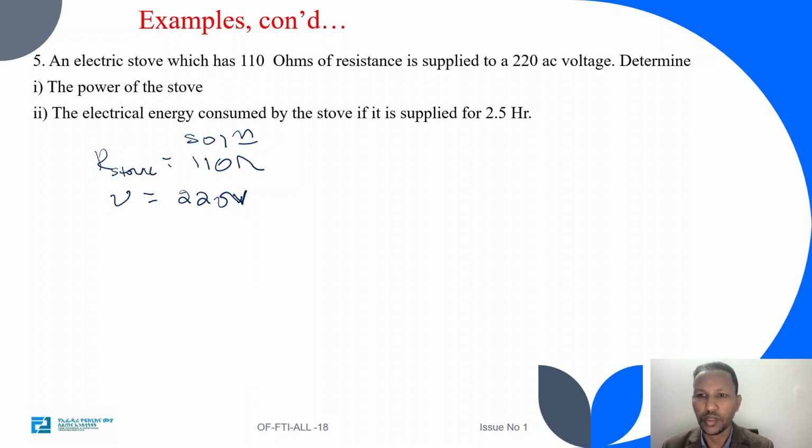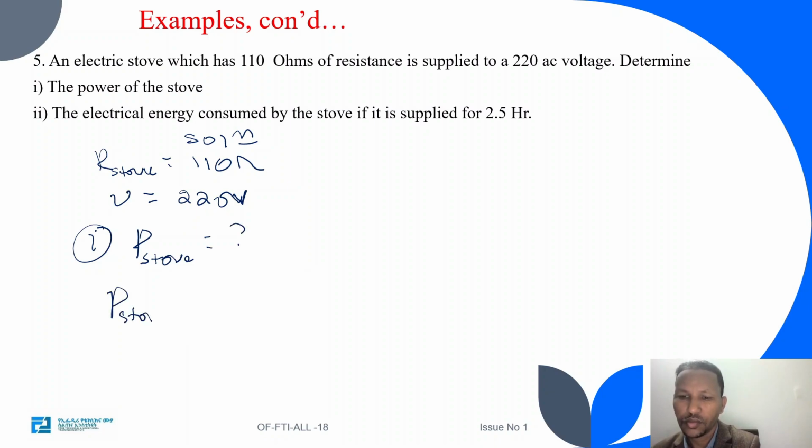So we are asked to determine the power of the stove. So the first one, which is P stove, how much? P stove is given by V square over R.